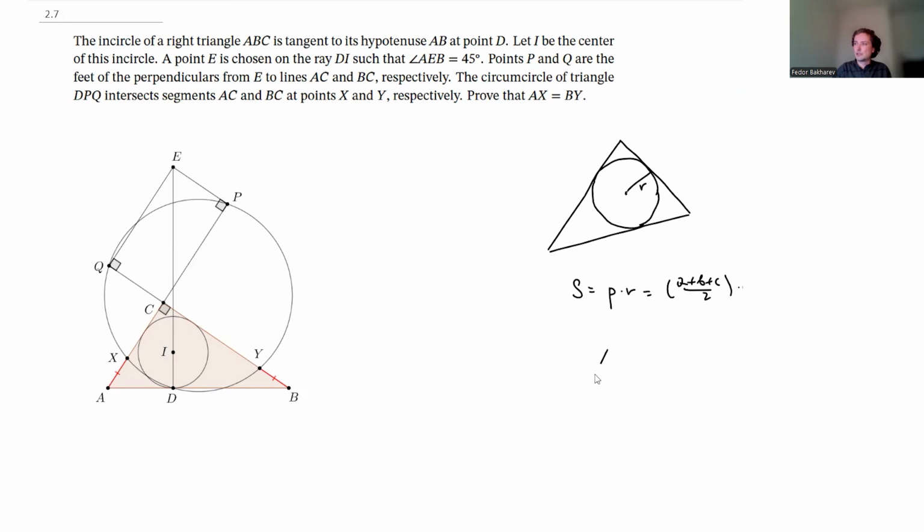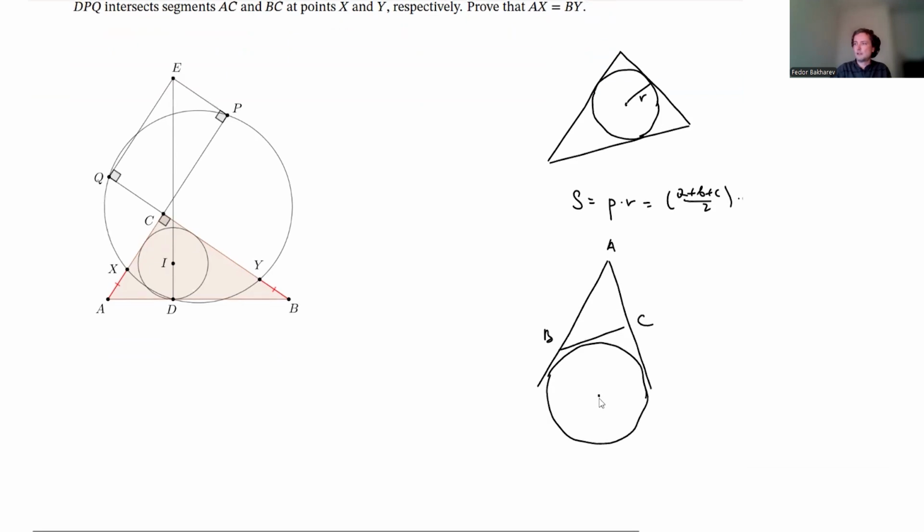So if we consider the excircle of the triangle, and this radius is r_a, then the area of the triangle will be r_a times (p minus a).